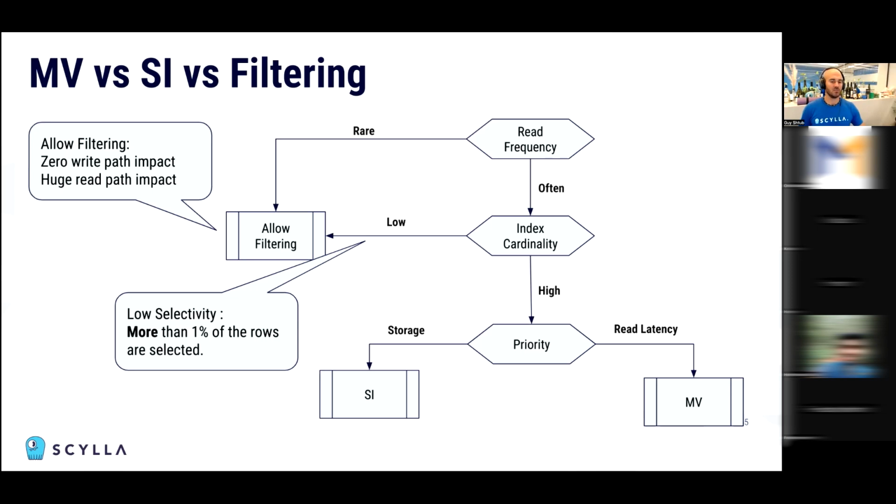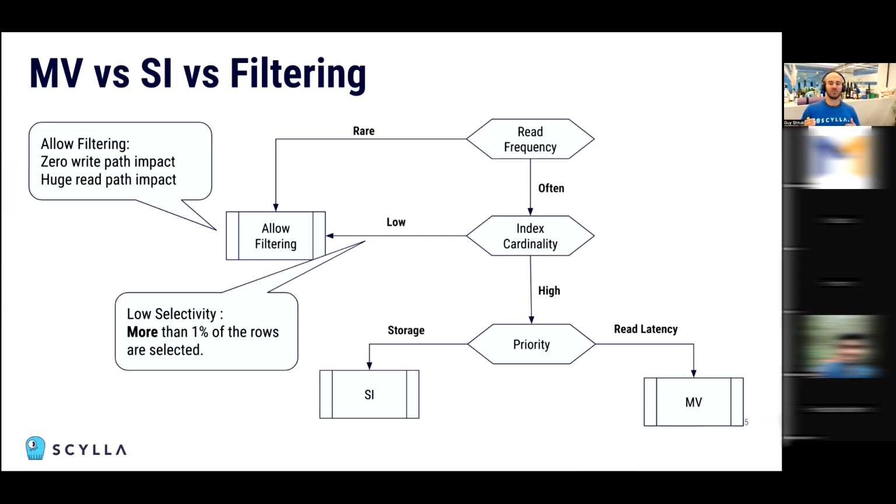I do think it's low selectivity, because selectivity means that if we're very selective, if there's a high selectivity, then we're selecting a very low percentage of the rows. At least that's how I understand it. If we have low selectivity, then we're selecting a high percentage of the rows.